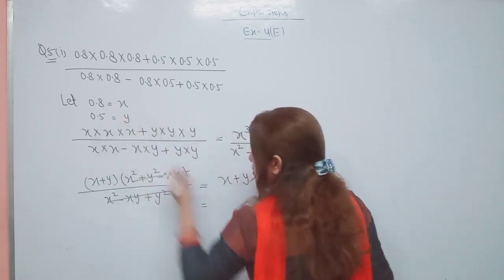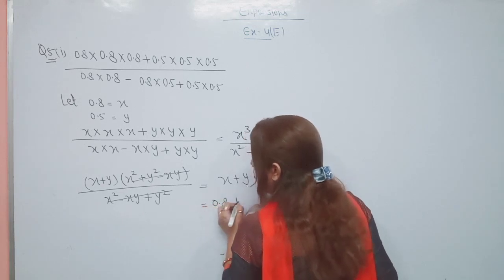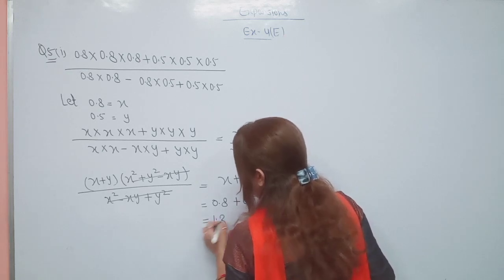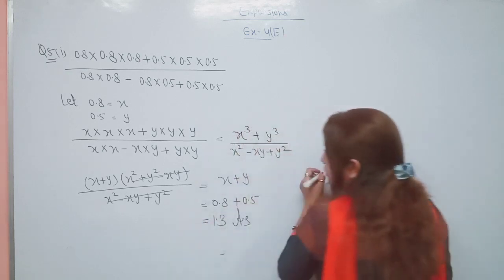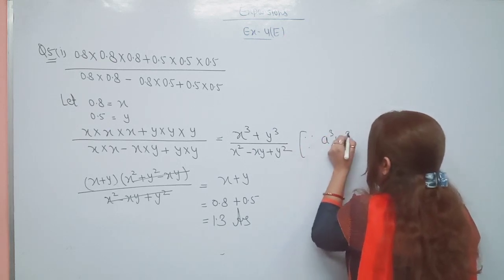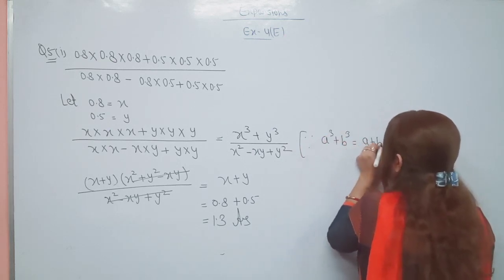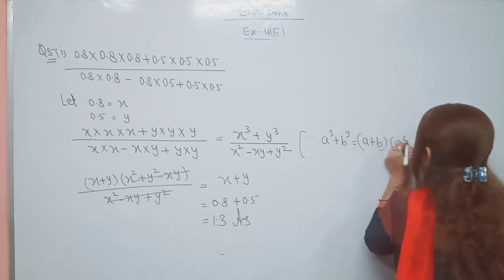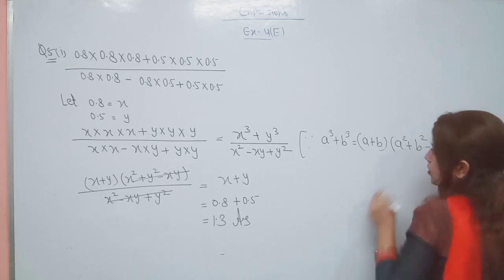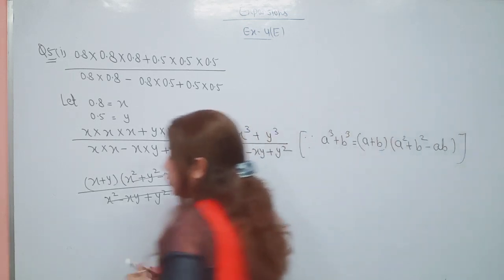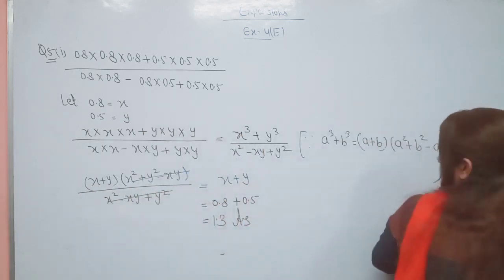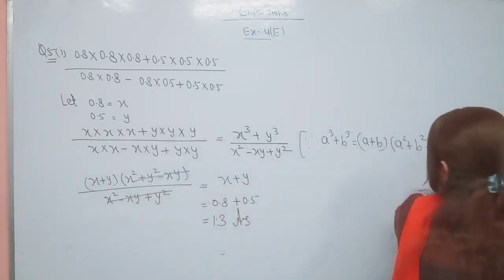The value of x is 0.8 plus y is 0.5, so the answer will be 1.3. This is the answer. Here we use the identity a³ + b³ is equal to (a + b)(a² + b² − ab). Okay beta? Questions are very easy, you can try yourself. Now question number 6.